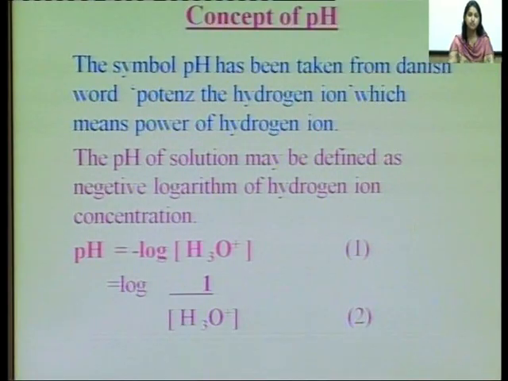So, the pH of a solution may be defined as the negative logarithm of hydrogen ion concentration. So, pH is equal to minus log of hydronium ion concentration, which is equal to the log of reciprocal of hydronium ion concentration.